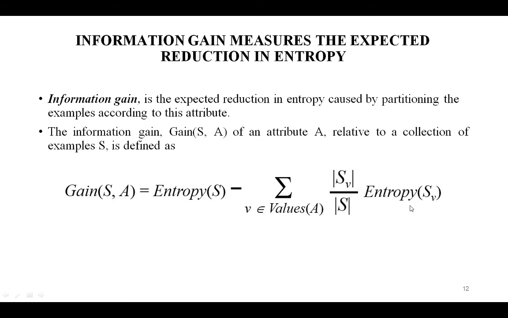Here Gain(S, A) is the number of bits saved when encoding the target value of an arbitrary member of S by knowing the value of attribute A.